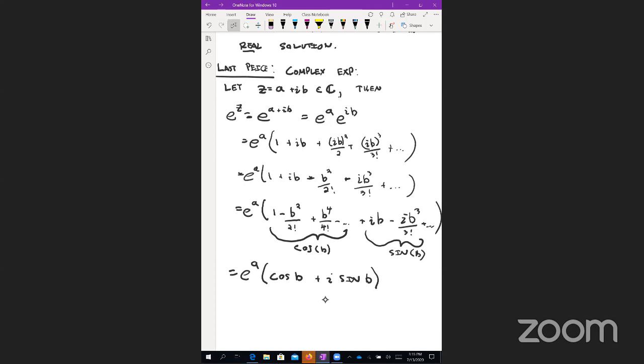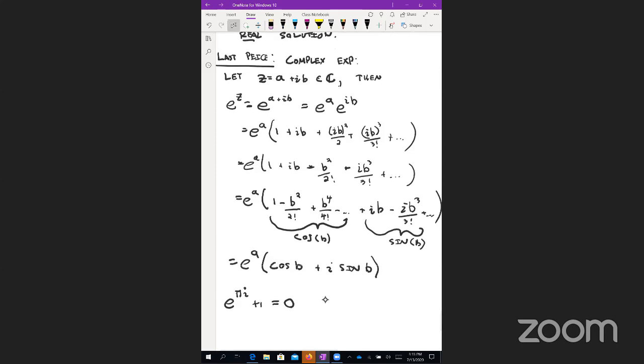And so there's this sort of amazing formula, and this is where it comes from, that e to the pi i plus 1 equals 0 comes directly from this fact. It's probably one of the most beautiful formulas in mathematics because it relates all of the fundamental mathematical constants in one go.